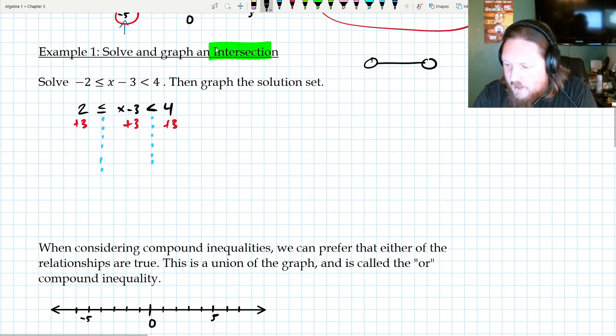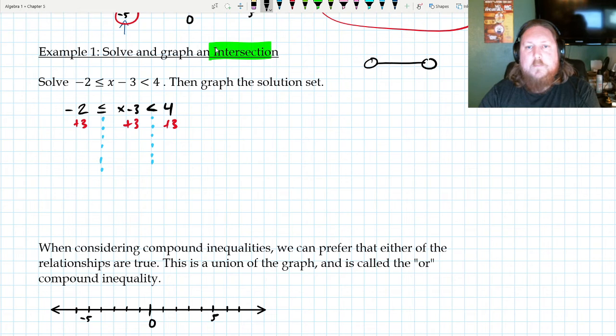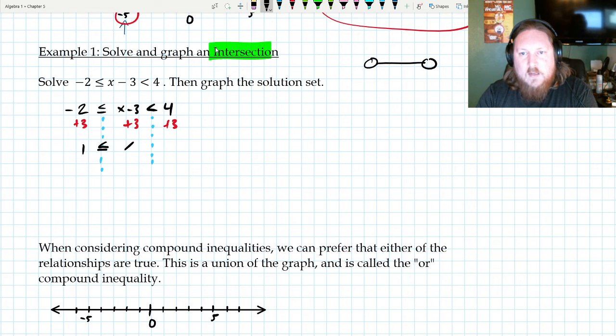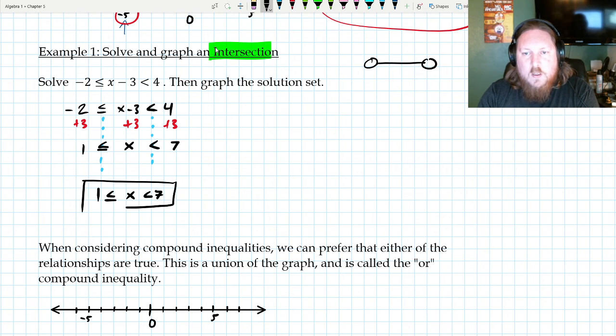Negative 2 plus 3 is positive 1, which is less than or equal to x, which is less than 7. And that is going to be my compound inequality. I want all of the answers in between 1 and 7, and I want to include 1.